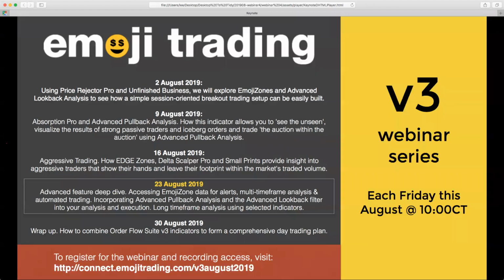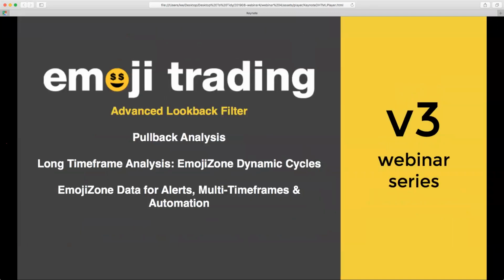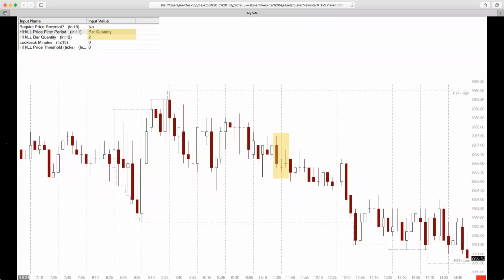So we will kick off and we'll start with the Advanced Lookback filter. The Advanced Lookback filter is common to many Order Flow Suite indicators where you might want to filter out the supply-demand event that the indicator can identify based upon whether it's occurring at a higher high or a lower low.